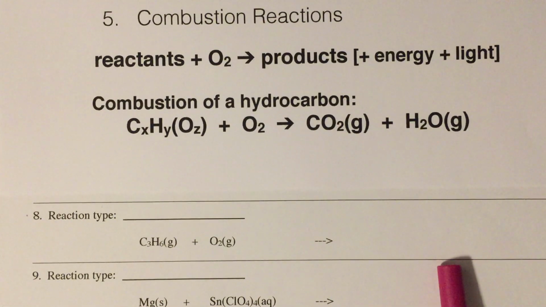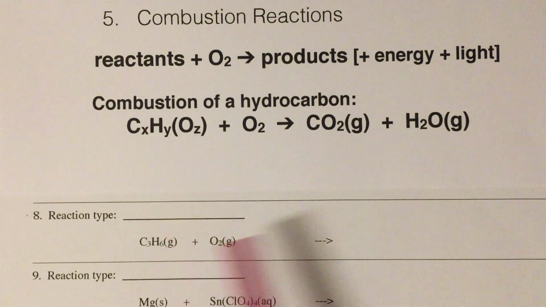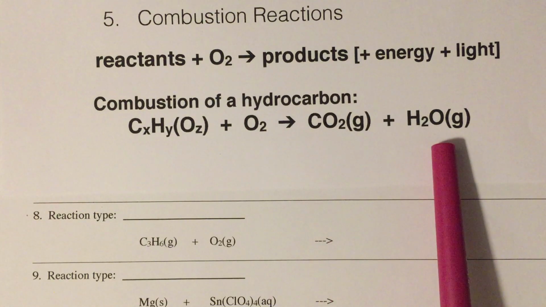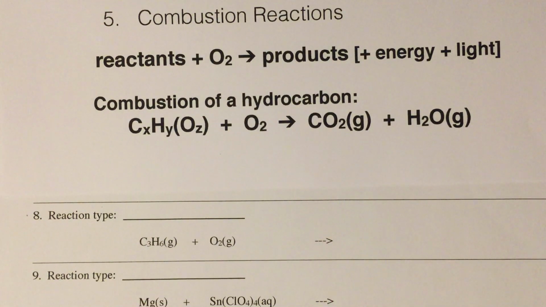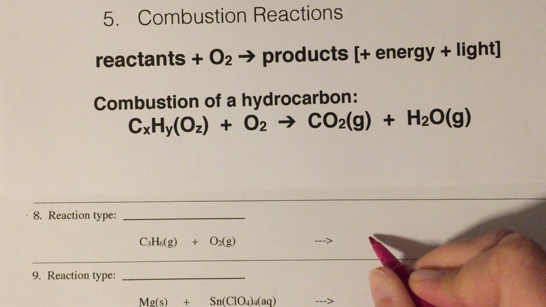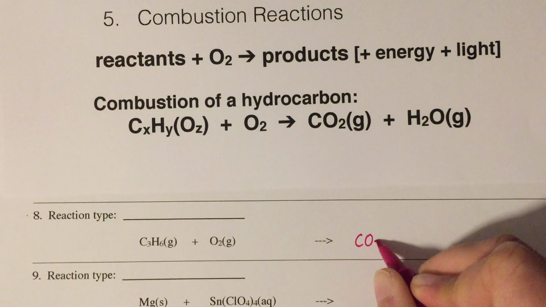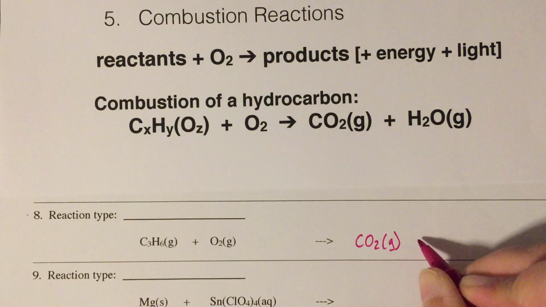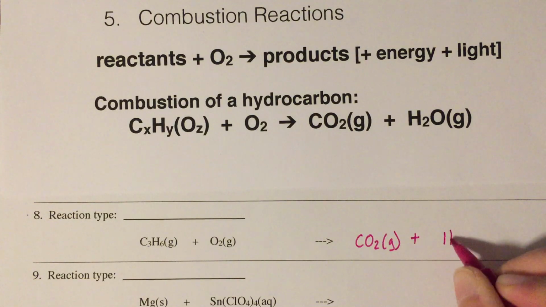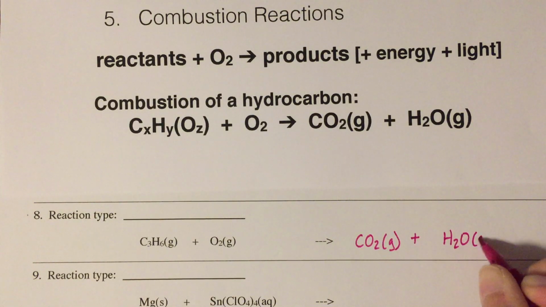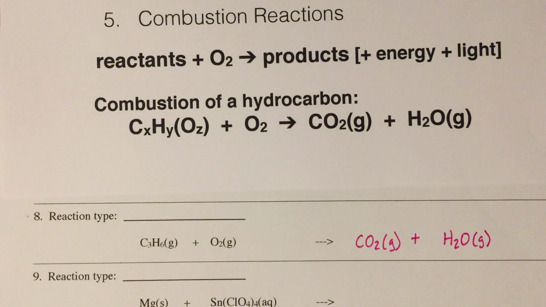And to complete it, it's as easy as this. If it matches that, the products will always be carbon dioxide and water. So I just get to write that. CO2, which is a gas, and H2O, which could be either liquid or gas, really.